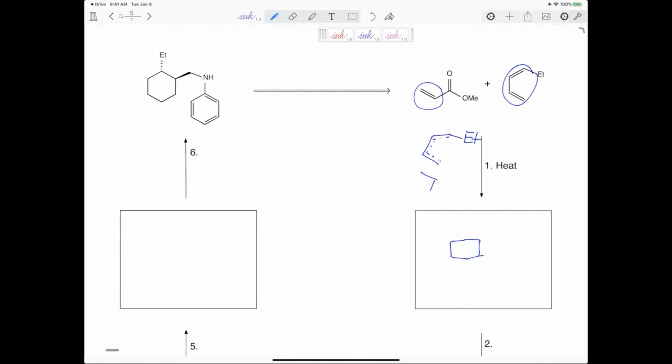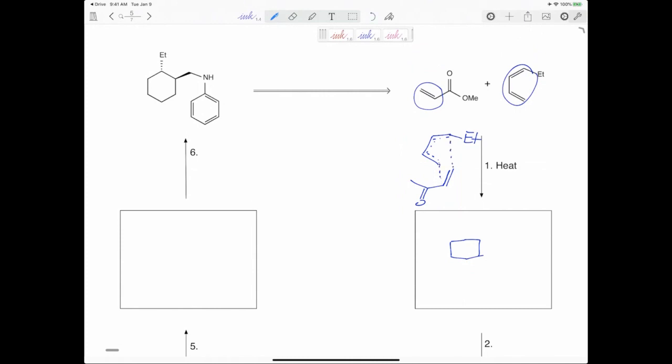I have to ensure that I have my secondary pi overlap, correct?